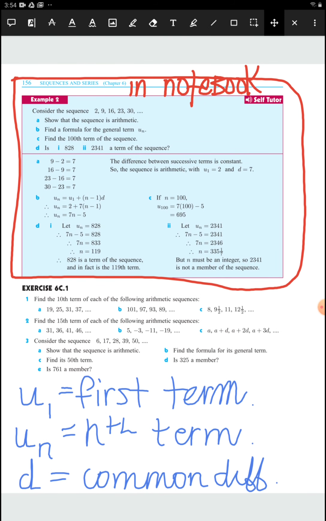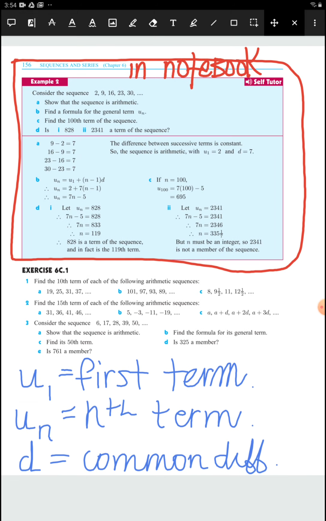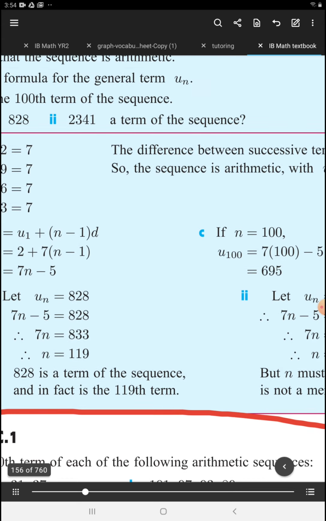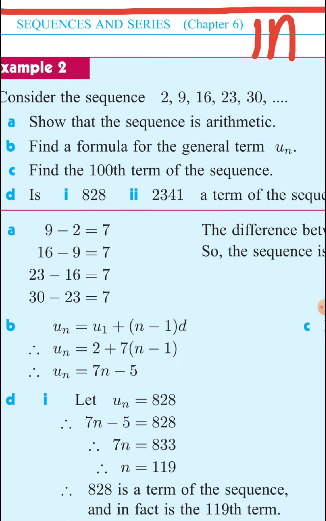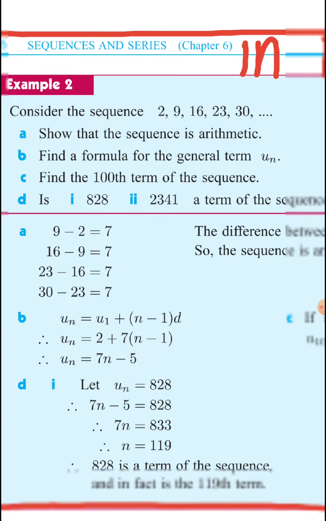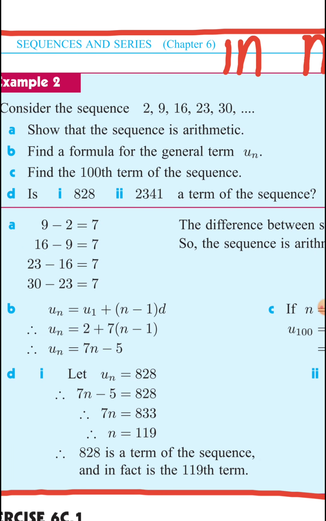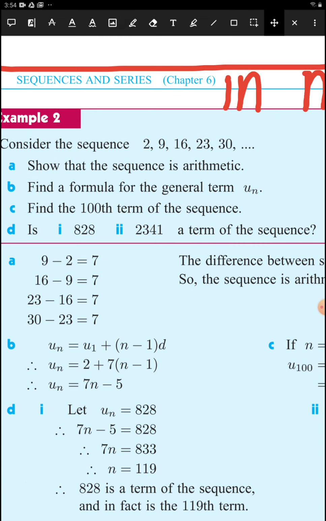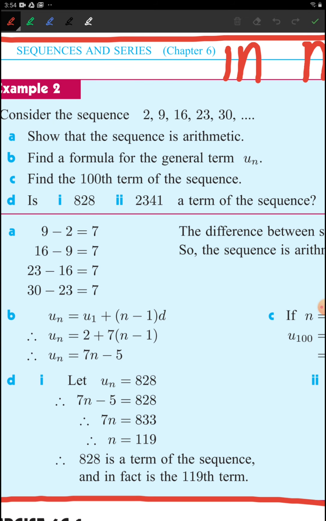So say you have this sequence: 2, 9, 16, 23, 30, and it keeps going. It does not stop. Part A wants us to show that the sequence is arithmetic.